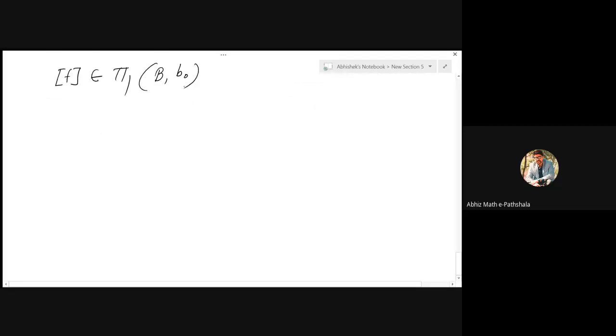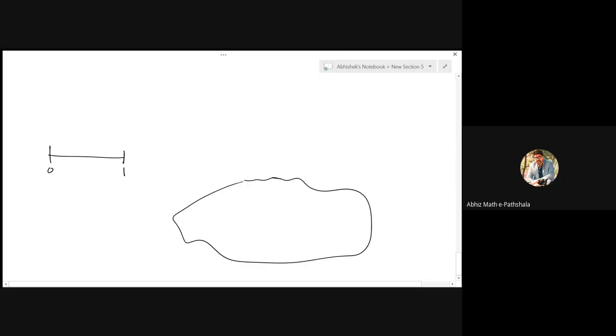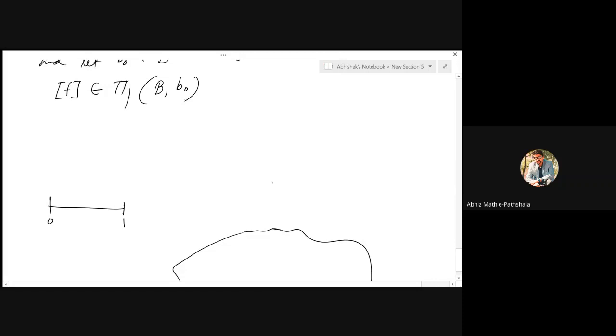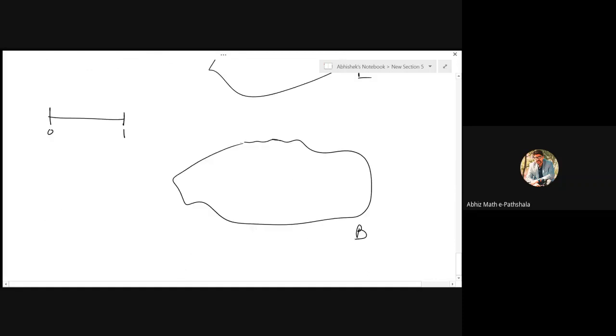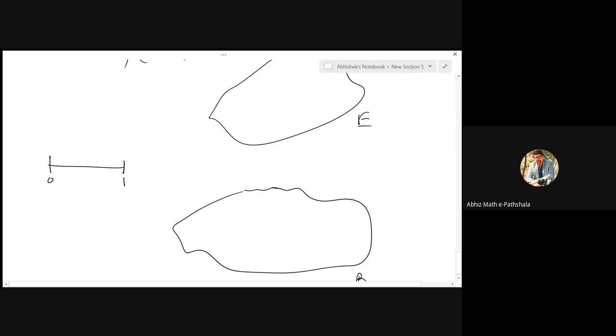It's better to do it pictorially. So this is our E, this is your B, and this is the segment [0,1].